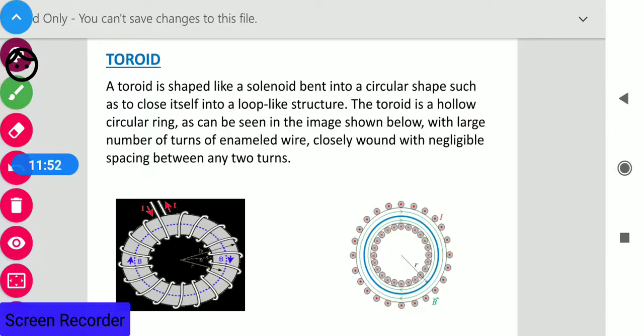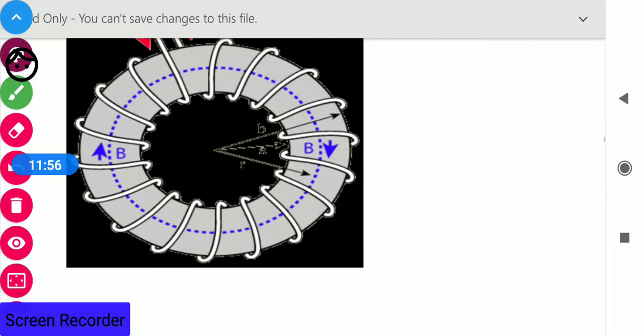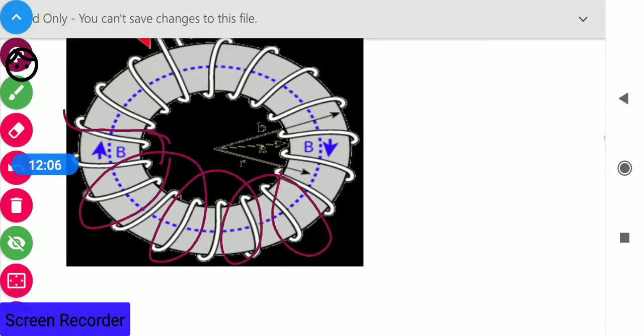Now from this figure, the wire is going inside. So you can say that this wire is wound like this, going inside the paper, and at this point it is coming out of the paper.